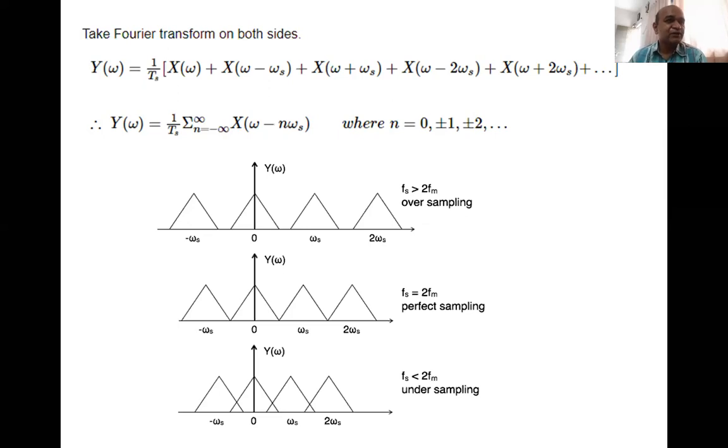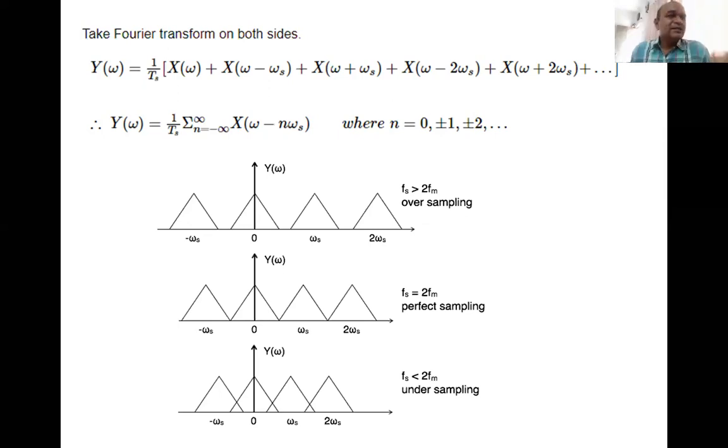If fs is greater than or equal to twice fm, then you can find the sampled signal. The slightly perfect sampled signal is when fs is equal to twice fm.